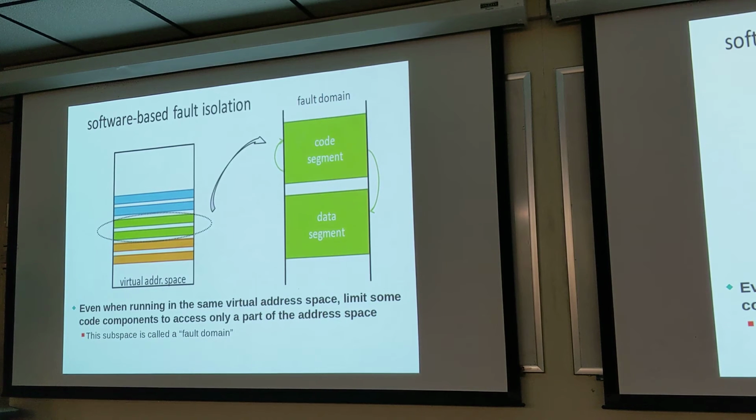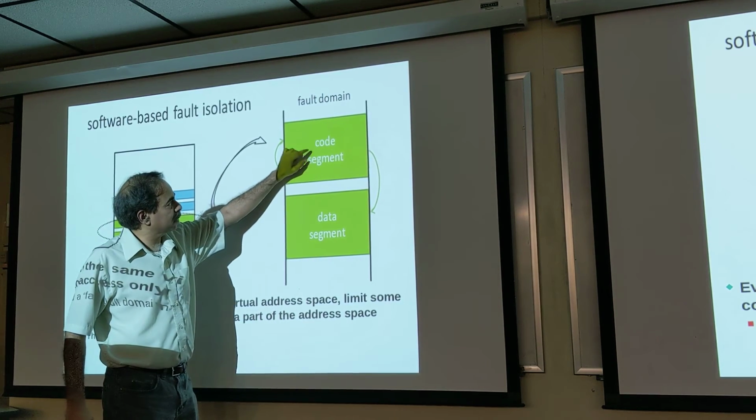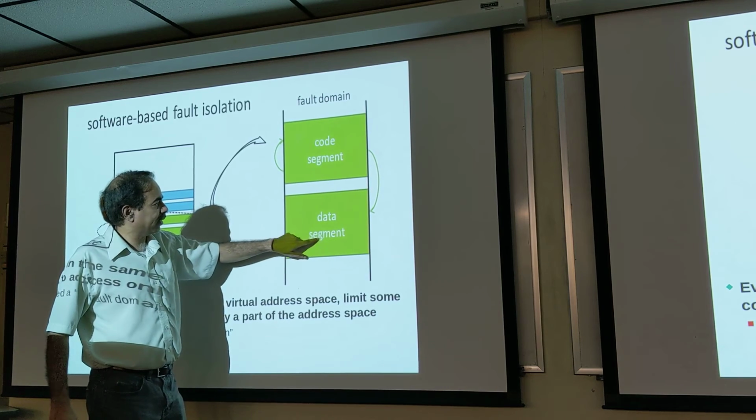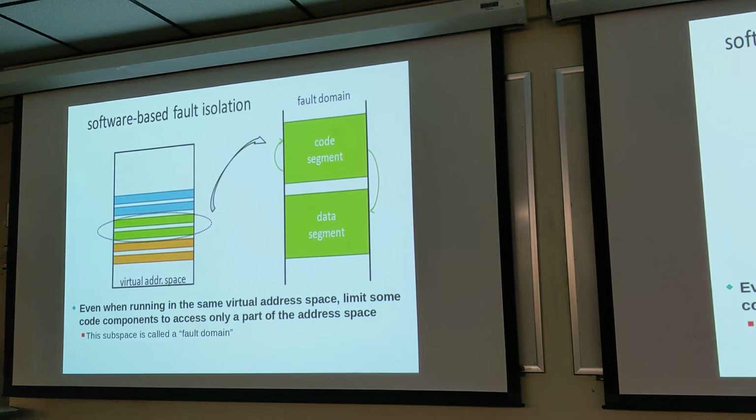Now the question is, how exactly do you do it? Let's take a simple problem. This piece of code, when it runs, all the data accesses it makes should go to only this data segment, which let's say has the leading byte of 76. How can you make sure of that? Anybody want to guess? It's the most obvious thing you could do.